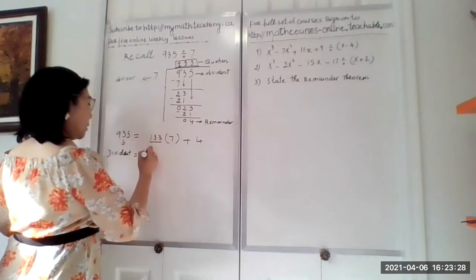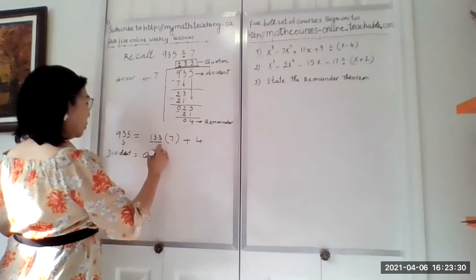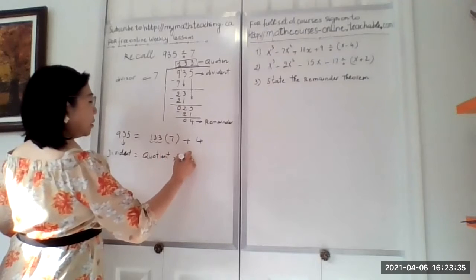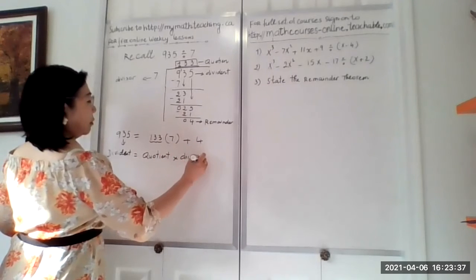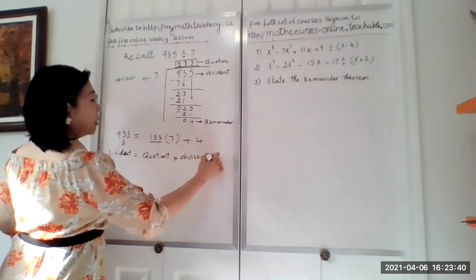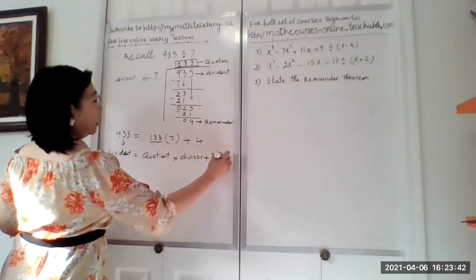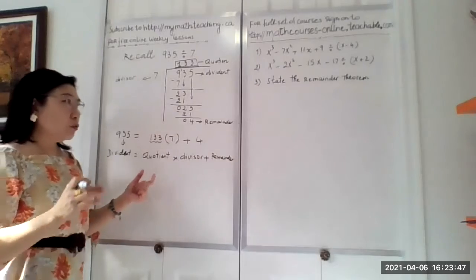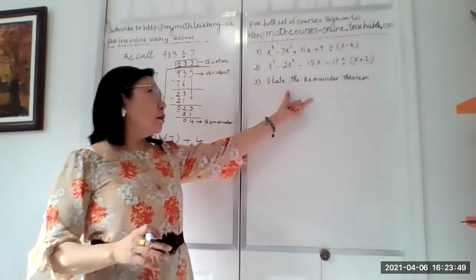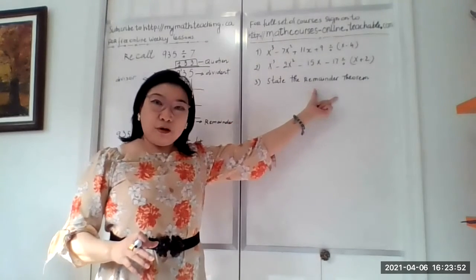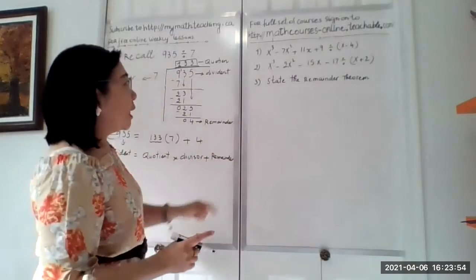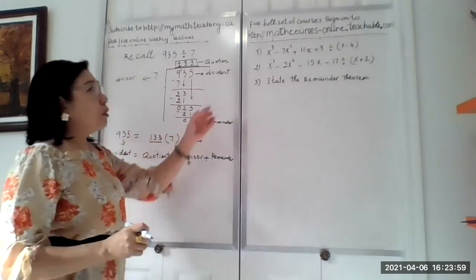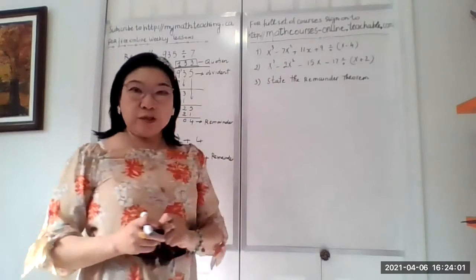So this is the quotient, multiplied by 7, the divisor, adding 4, the remainder. When we write the statement like this, we can relate it to something: the remainder theorem.